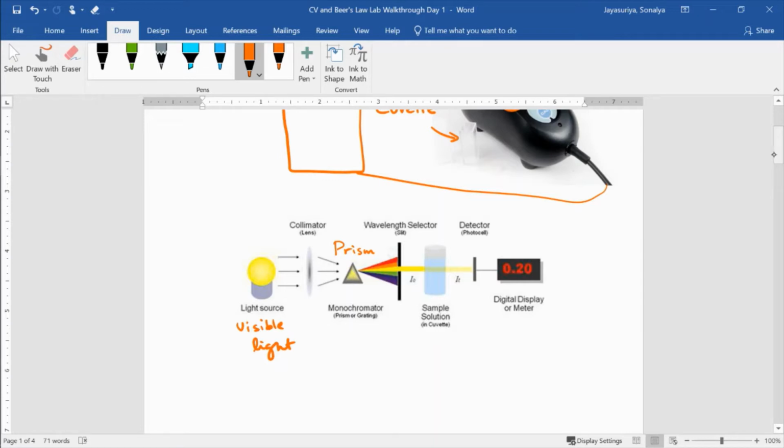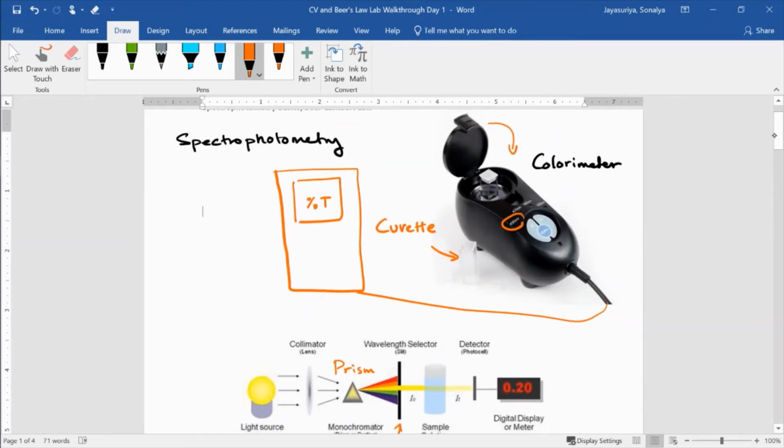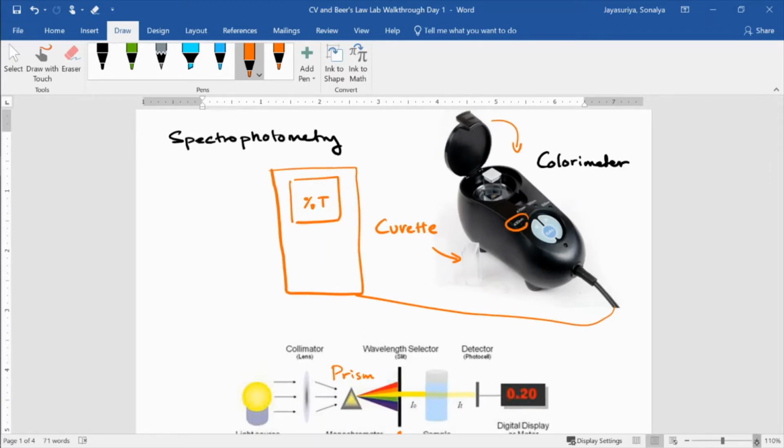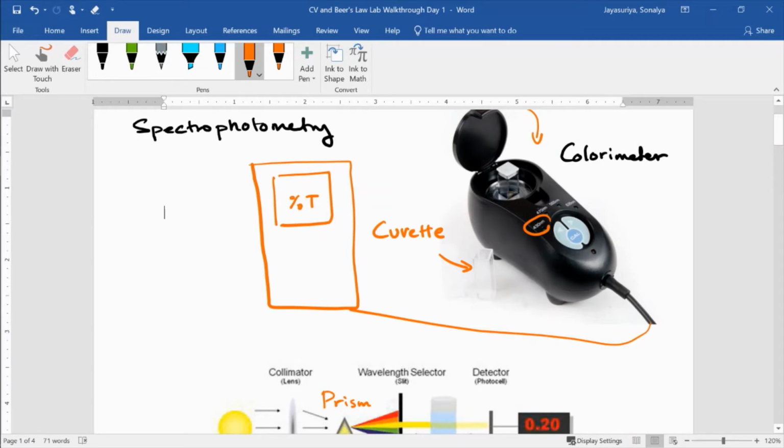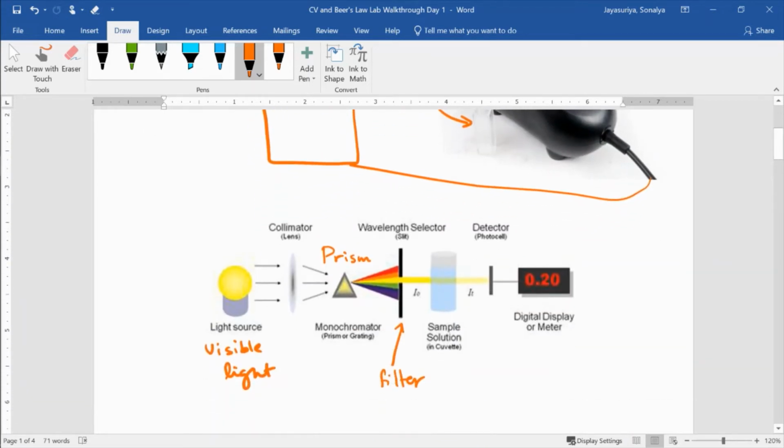And then you have some kind of filter that takes that light, and you can adjust the filter to filter out all the wavelengths except for the one that you want, okay? So, for example, if I wanted to only let this wavelength pass through, this is 430 nanometers, I would adjust the filter in the colorimeter.